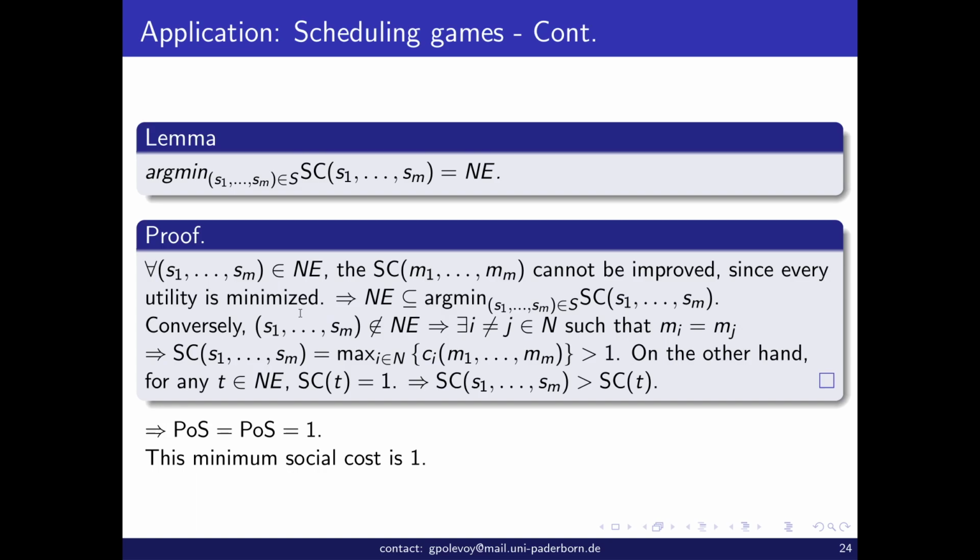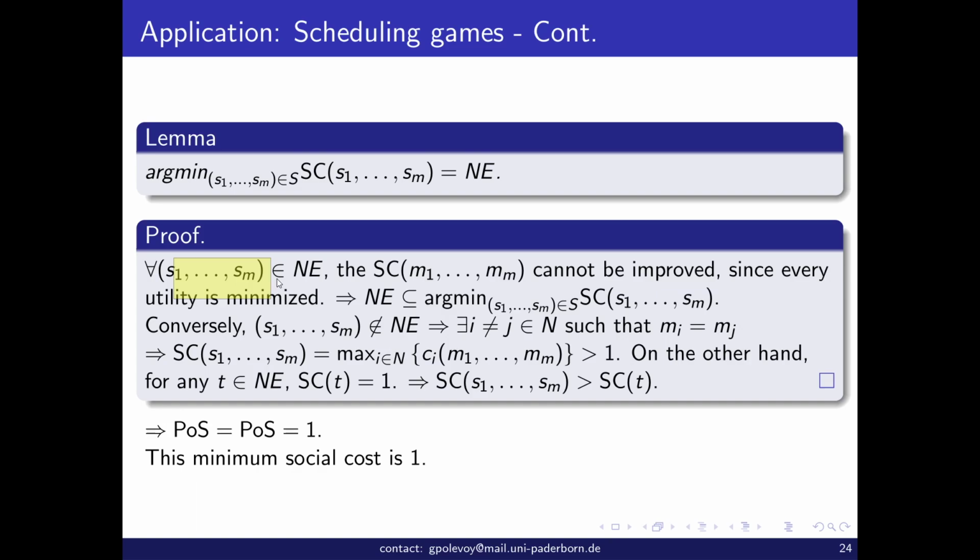So if a profile is a Nash equilibrium, then we need to prove that it's a profile which minimizes the social cost. And indeed, the social cost cannot be improved since in Nash equilibrium, as we said, every player is alone, so every player's cost is minimized. Yeah, I said every utility.